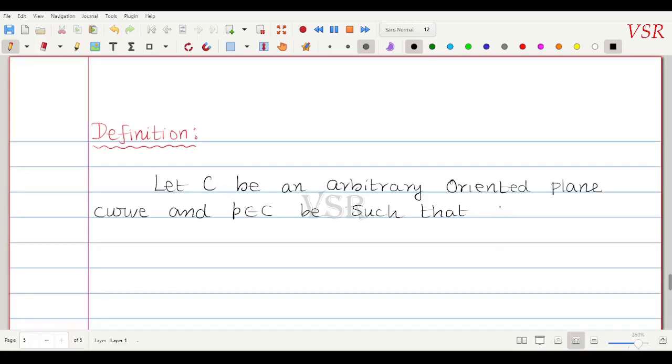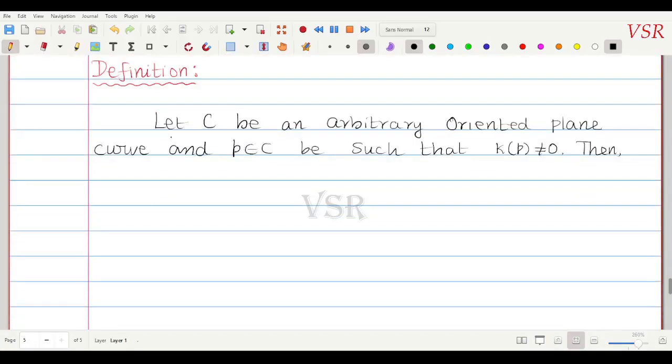That is kappa of P which is not equal to 0. kappa non zero. அது பாசிட்டிவா இருக்கலாம், நெகட்டிவா இருக்கலாம், என்ன வேணாலும் இருக்கலாம். Okay, then there is a unique oriented circle.